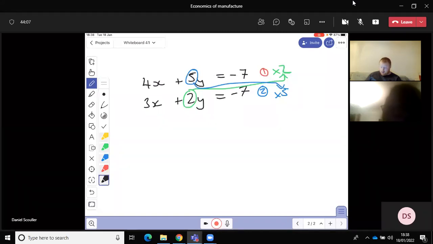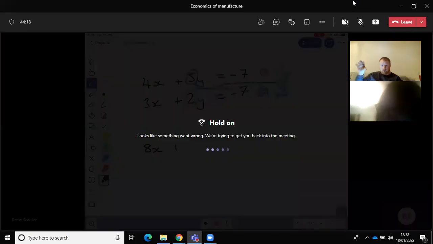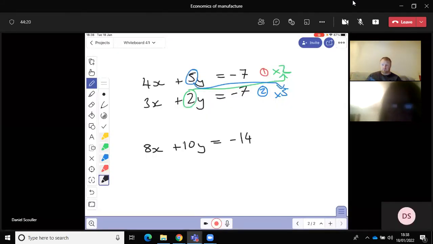So we're going to have 8x plus 10y equals negative 14. Every single part of that equation multiplied by the number 2. So 8x plus 10y equals negative 14.